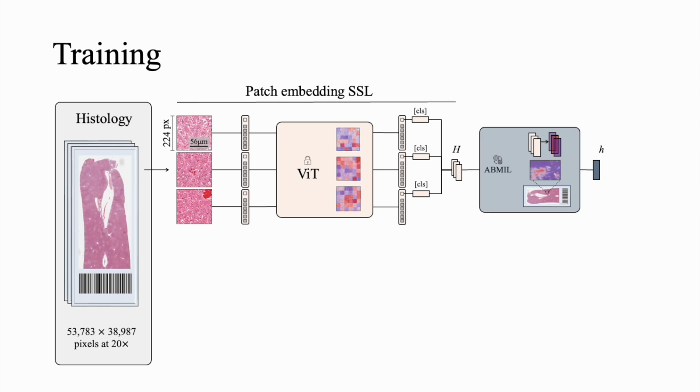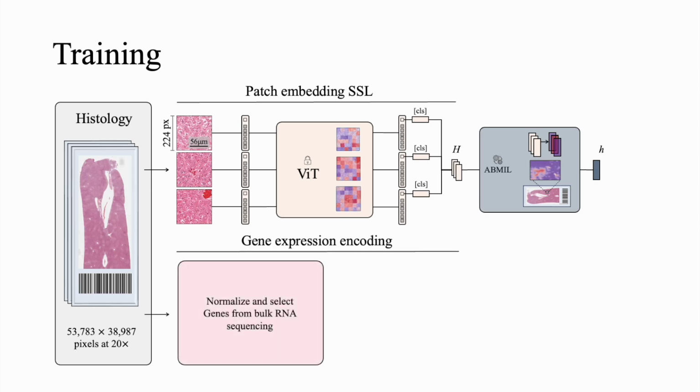But we are not there yet. We need somehow a supervision in our training, and that's where we use our bulk RNA sequence data as a training signal. For each slide, there's a vector of gene expressions, and we can normalize them and subselect a few important genes.